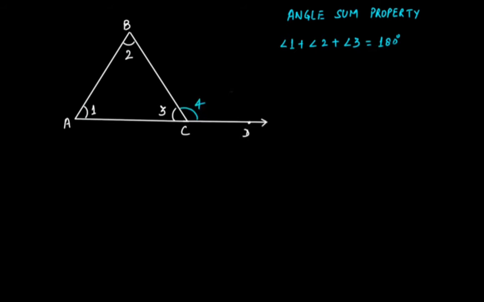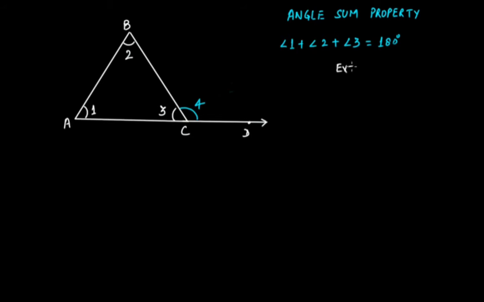So in order to justify, what we have done is, we have extended this base AC towards the right. Okay, so this is the extended part of this AC. Due to this extension, you'll have an exterior angle. Angle 4 is an exterior angle. And here we can apply the exterior angle property of a triangle.